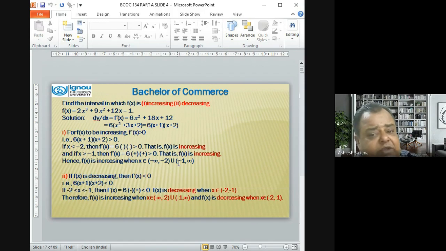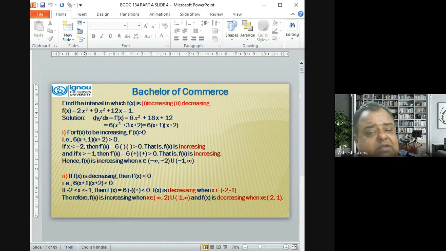If you keep any value of x greater than minus 2, what will happen? 6 will remain 6. Look at the sign of the center value over here. Minus 2 plus 1 will be a negative number, and minus 2 plus 2 will be 0. You can leave it.